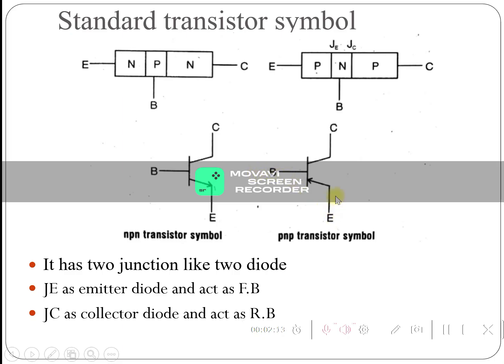In the PNP, the arrow mark indicates from emitter to base terminal. In the NPN transistor, the arrow mark indicates from base to emitter terminal. It is a difference in the direction of current flow through the given circuits. So that is the PNP transistor and NPN transistor.